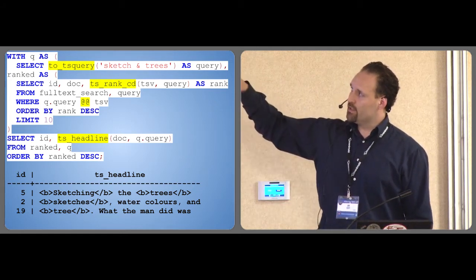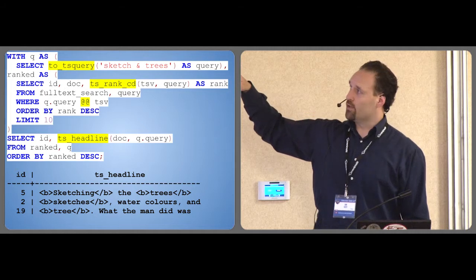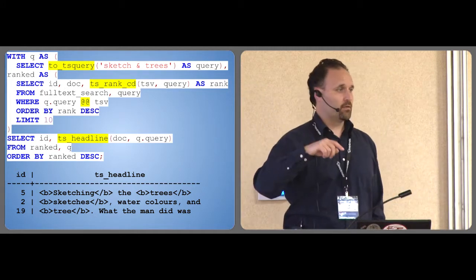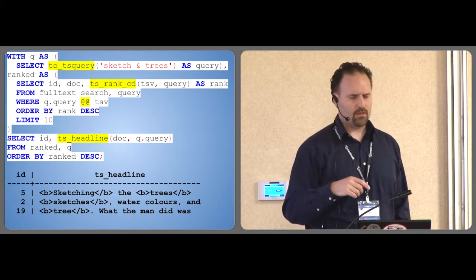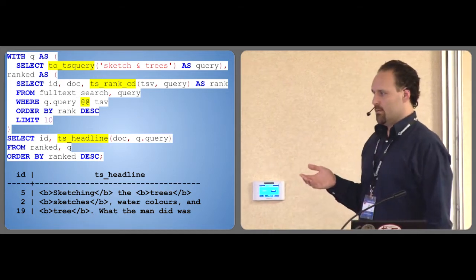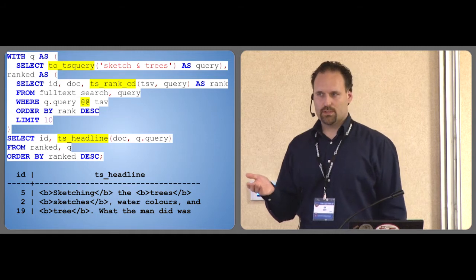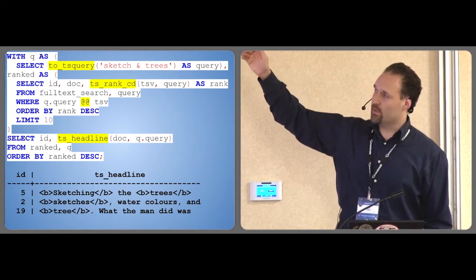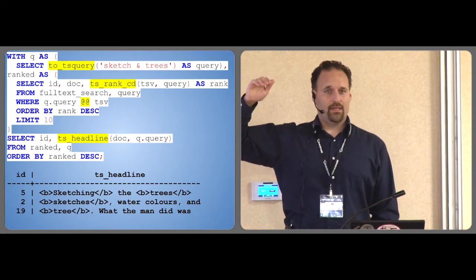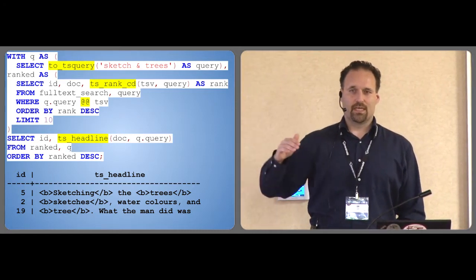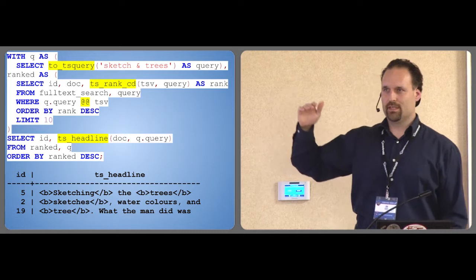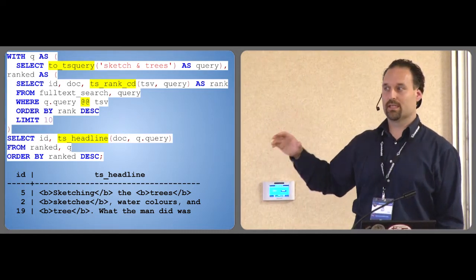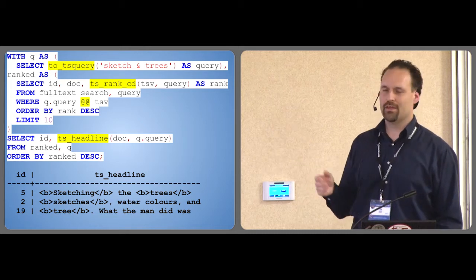The second subquery that we're defining, the ranked query, we're actually doing the ranking of the documents. So one common mistake that people make when they're using PostgreSQL to do full text search and they're doing ranking is they'll call the tsRankCD function and they'll end up doing a table scan because they haven't limited the tsRankCD query to running across just those documents that actually match the search query to begin with.